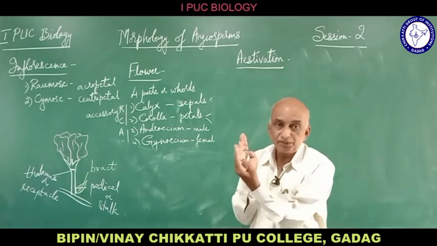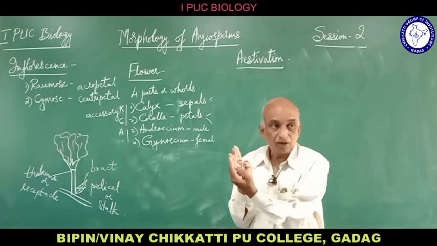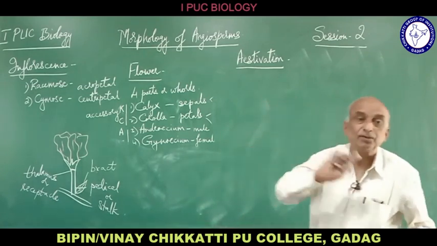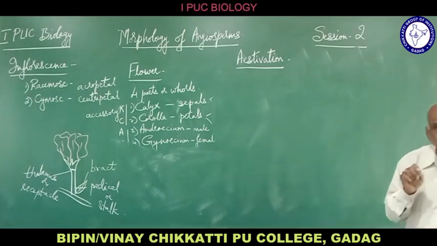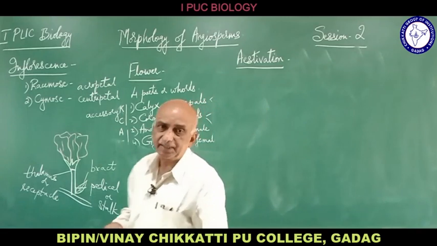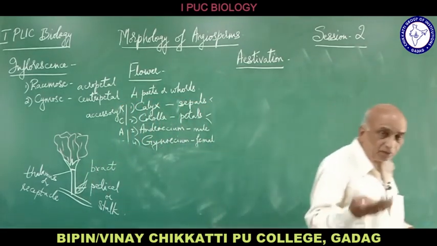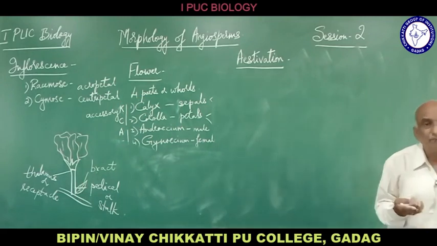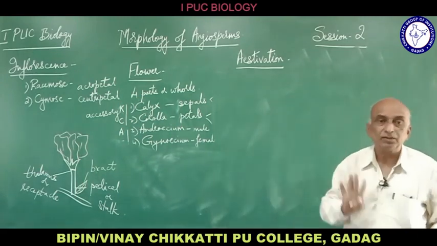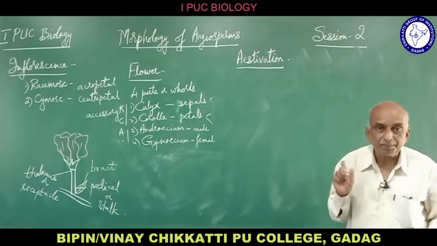The edge of the sepal may be just in contact with the other, or sometimes it may be overlapping on the other. Even in the case of petals we see this. The edge of a petal may be just in contact, or the edge of a petal may be overlapping on the other.